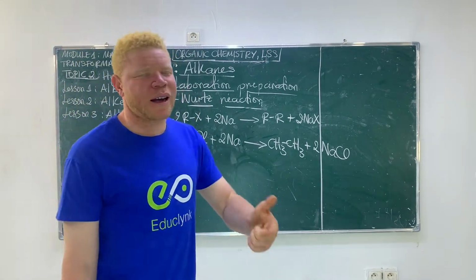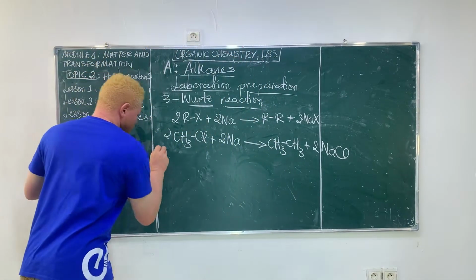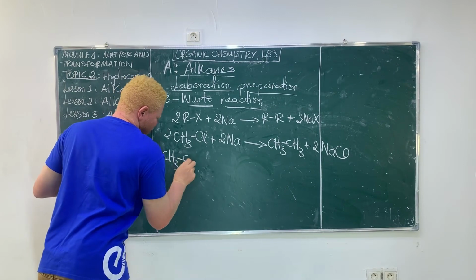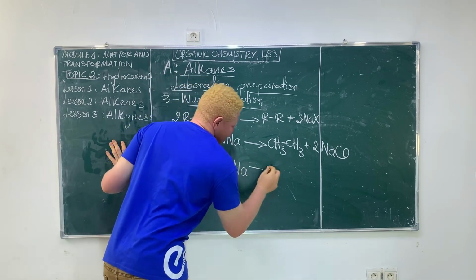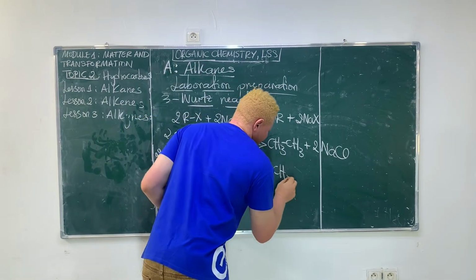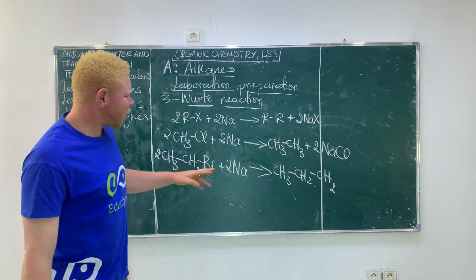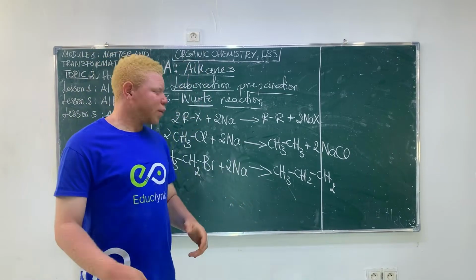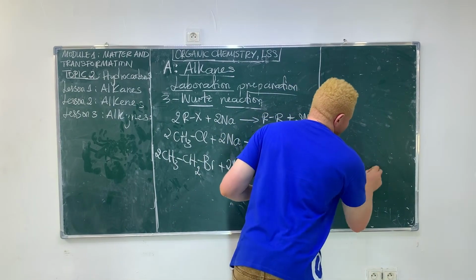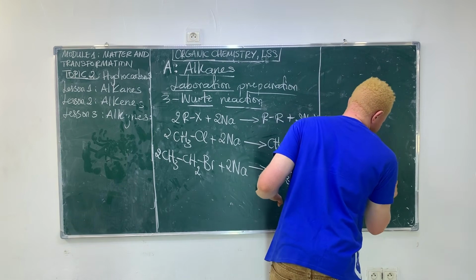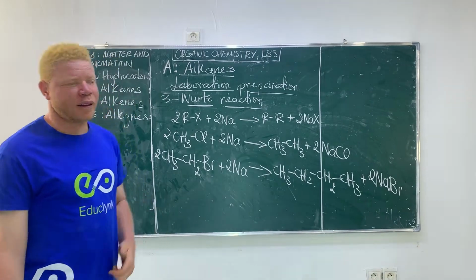So let me take an ethane compound, chloroethane or bromoethane: 2 CH3CH2Br plus 2 sodium giving CH3CH2CH2CH3. In fact, the compound doubles itself. You have 2 sodium bromide. So this is a direct way by which an alkane can be prepared in the laboratory.